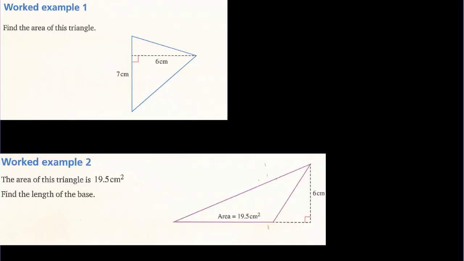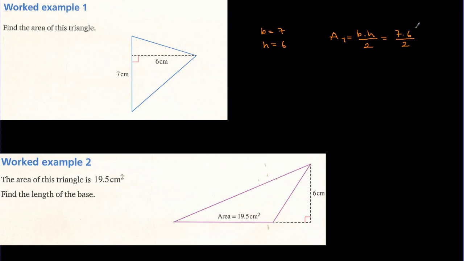Okay, let's continue with some exercises. Find the area of the triangle, it says here, and as you see, the base length is equal to 7, and the height is equal to 6. So area of the triangle is going to be equal to b times h divided by 2, which is equal to 7 times 6 divided by 2.